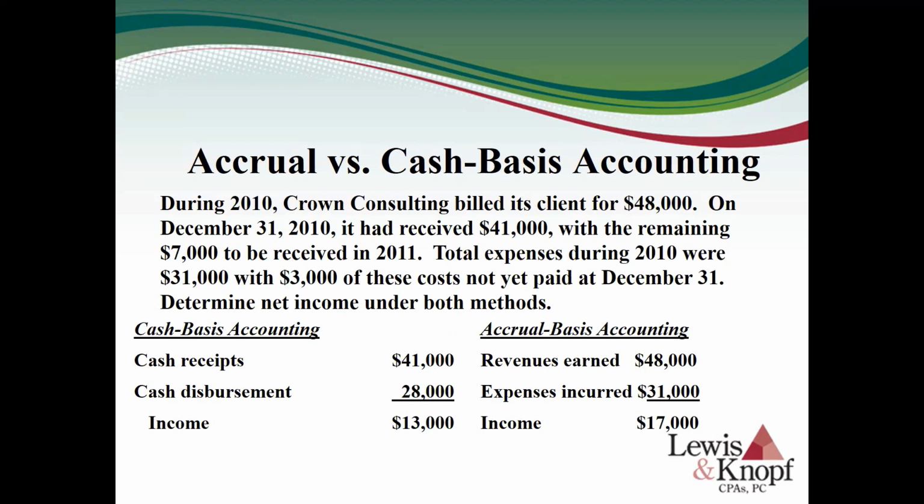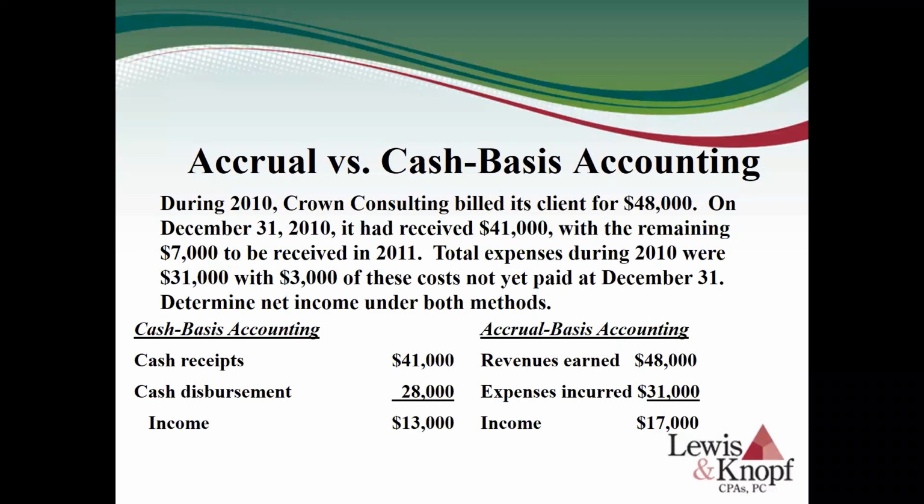So the 48,000 is the amount that the clients need to pay. But as of 2010, they received only 41,000, with a remaining 7,000 to make the 48,000. The total expense during 2010 was 31,000, with 3,000 of this cost not yet paid at December 23rd.